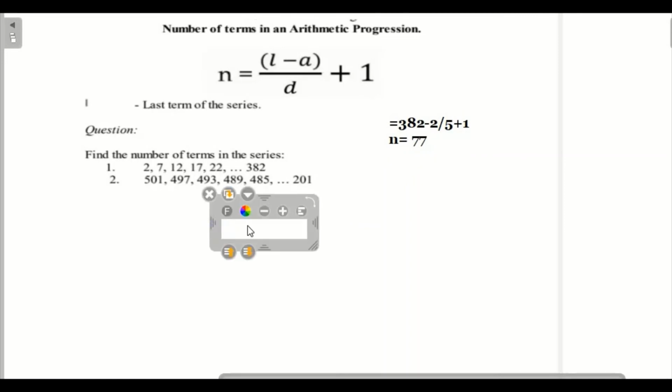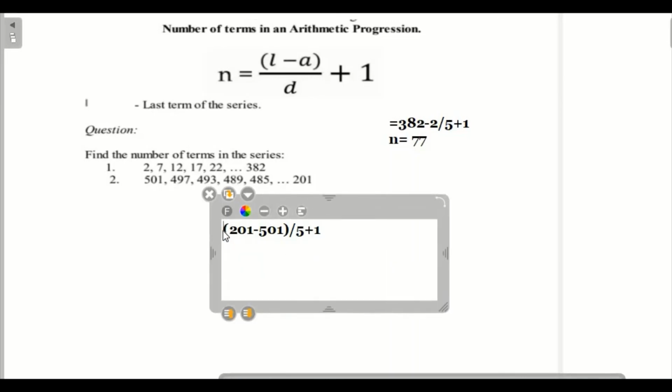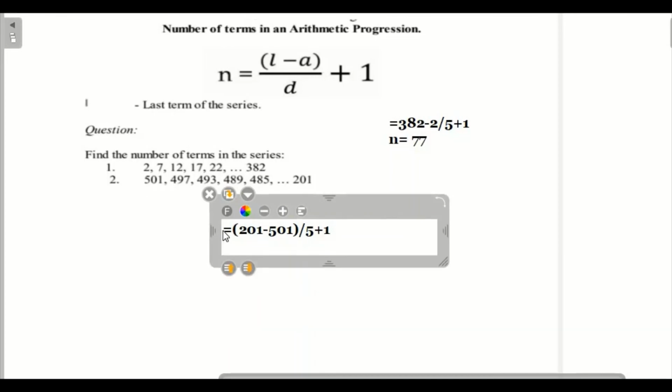As I said earlier, the last term is 201 minus the value of the first term, 501, divided by the distance of 5, plus 1. Okay. So our value will be 76. We have to substitute and calculate the value.